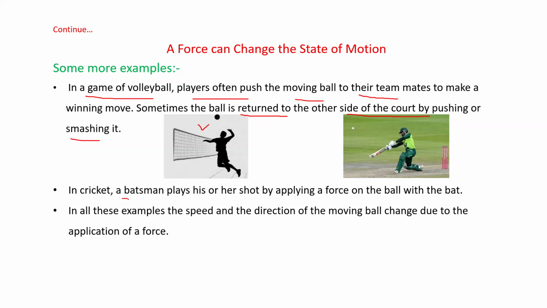In cricket, a batsman plays a shot by applying a force on the ball with a bat. Like this, when the ball comes to the batsman, he applies a force on the ball with the help of this bat. In all these examples, the speed and the direction of the moving ball change due to the application of a force.